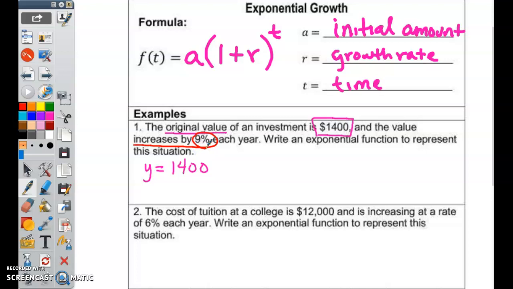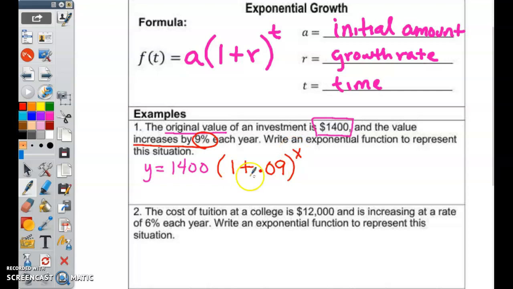If it's increasing 9% from $1, right, then that's 1 plus 0.09. It's like 9 cents, right? So 9% is like 9 cents. And then to the power of x, which is t, your time.